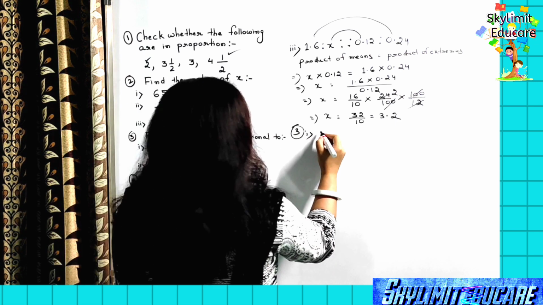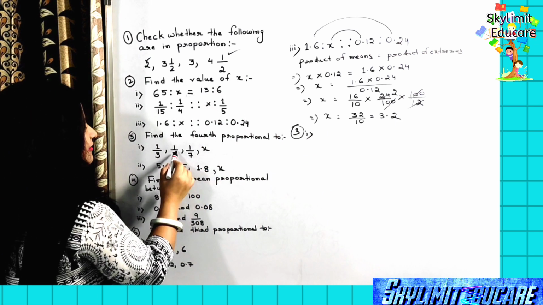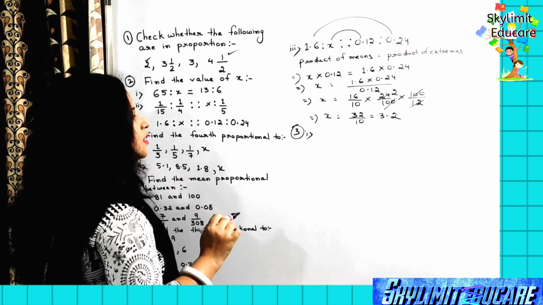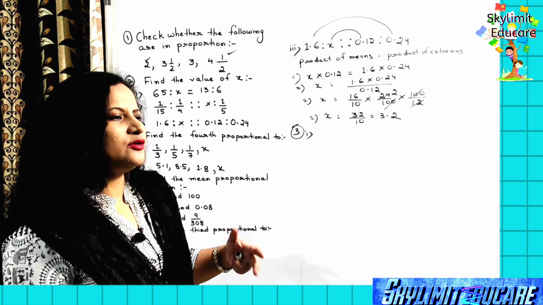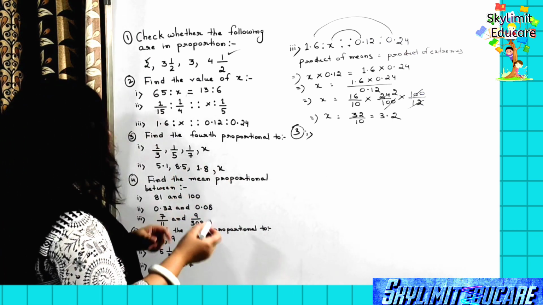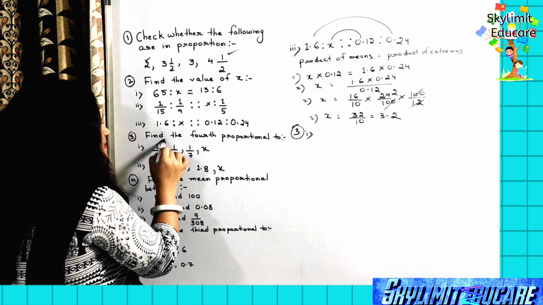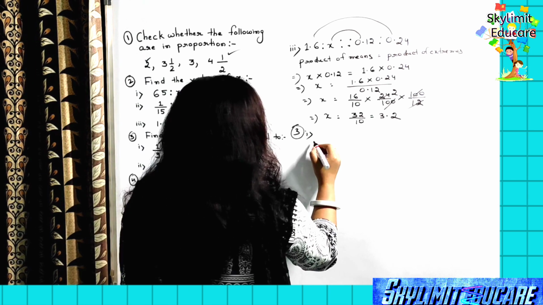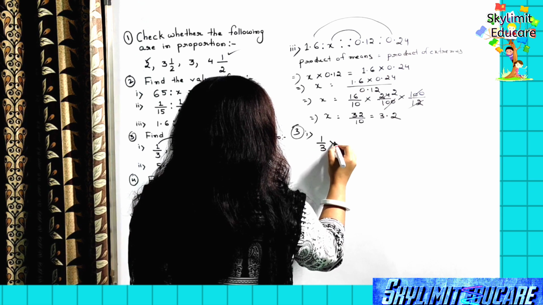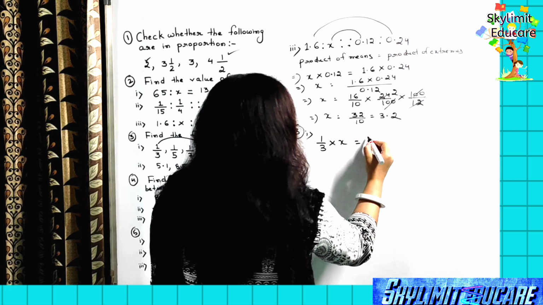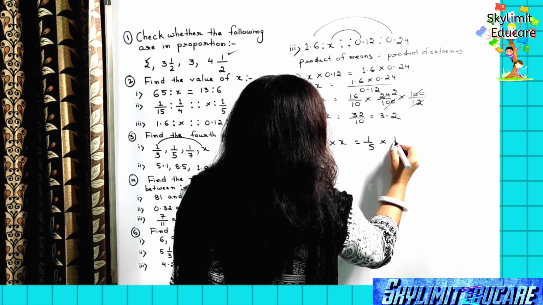So we can write it directly also, since they are in proportion, so let the fourth proportional be x. So which are the means here? 1 by 5 multiplied to 1 by 7, and which are the extremes? 1 by 3 multiplied to x. So the unknown value, it's better to keep x on the left hand side, right? So in this question we can write the extremes first so that x comes in the left hand side. So product of extremes is 1 by 3 multiplied to x, and product of means is 1 by 5 multiplied to 1 by 7.